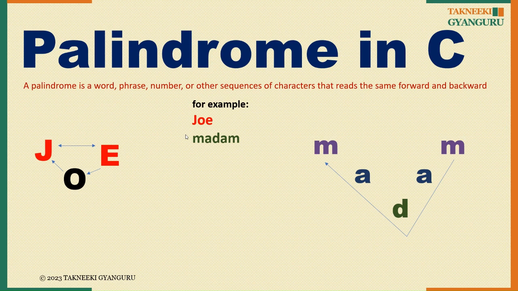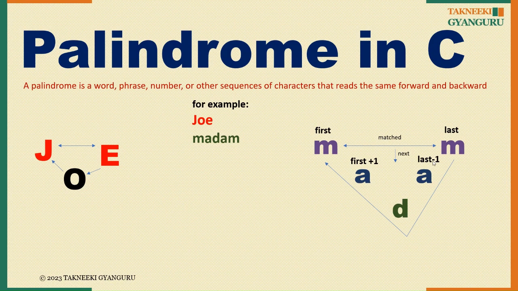So how can we write this in C? Let's check how we'll do that. First of all, if you see, the first letter is M and the last letter is also M. If these two, the first and last letters, match, then we will move forward. That means this word may be a palindrome because the first and last letters match. So it will move to the next.